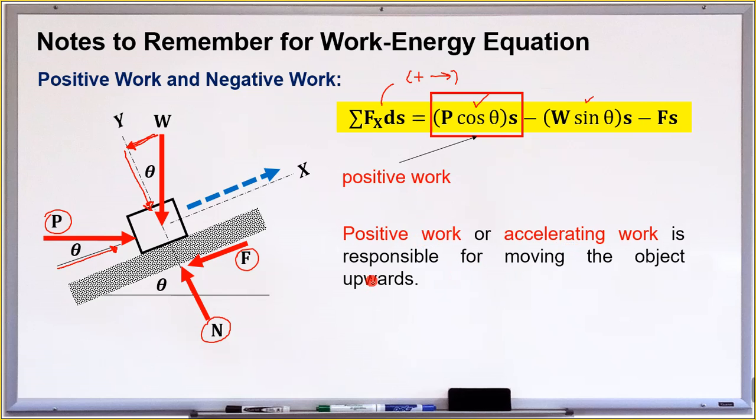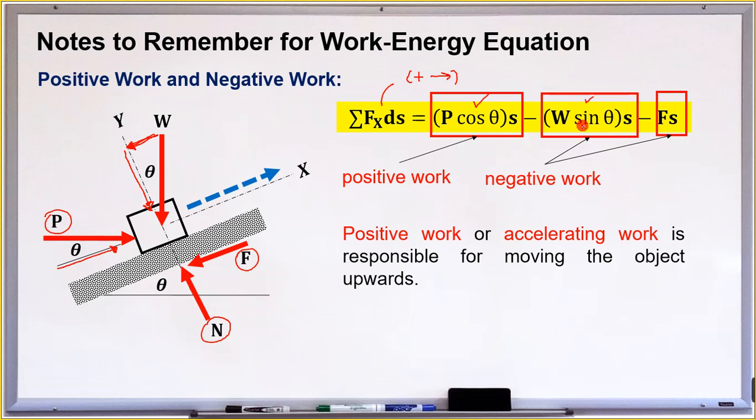It is common sense: if that is a positive work, meaning you exert a force on the block in order to move it, to accelerate it along the direction of motion. So if you want it to go to the right, you push it to the right, and that is a positive work.